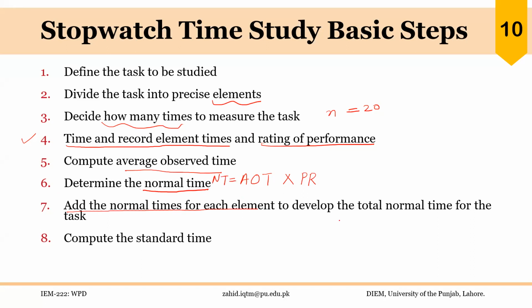So this was our normal time, and standard time will be equal to normal time plus normal time into A. So that will give us the standard time. So that is step number 8. So if there was only one element, then of course step number 7 is not required. But if we had more than one element, then we have to find the total normal time and then use step number 8 to find the standard time.